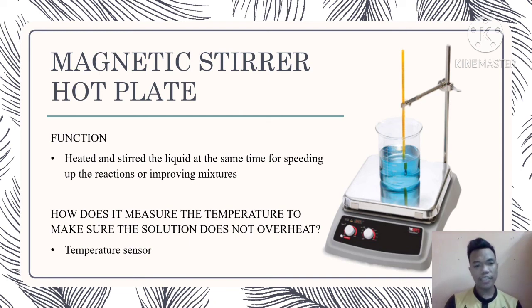A temperature sensor will measure the temperature of the mixture and convert the input data into electronic data to record, monitor, or signal temperature change. If the temperature exceeds the optimum temperature needed for a certain mixture, the user can decrease the temperature of the hot plate.